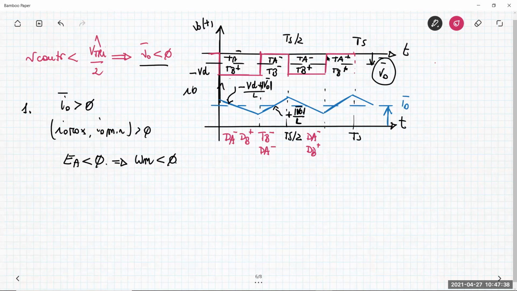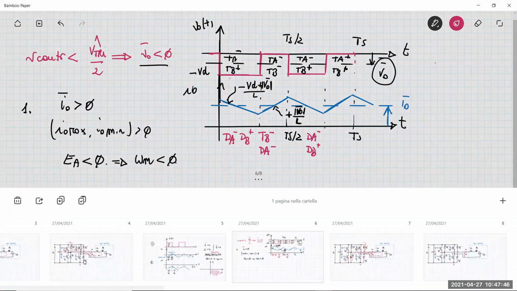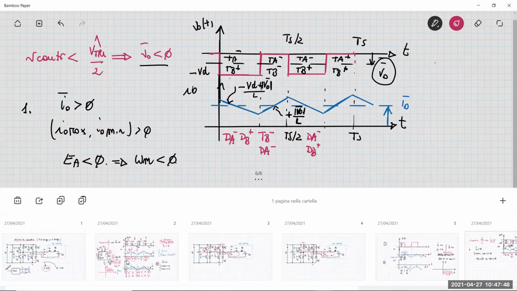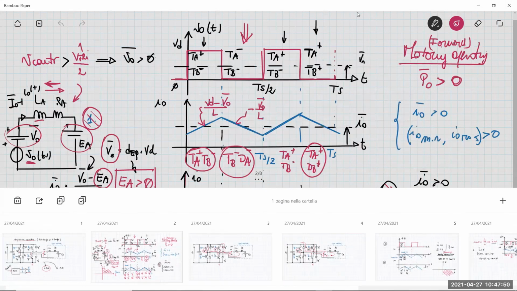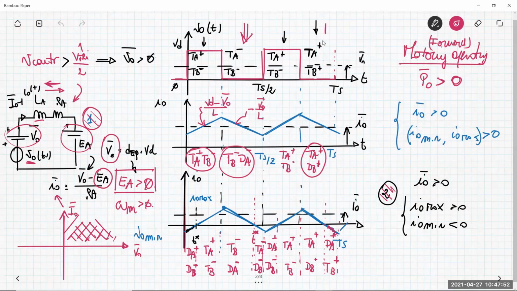We have, let's say, 0 as output voltage, so TA plus and TB plus, and the current is positive. Again, this is a situation that we already know from previous analysis, because it's the situation that you have now here. So TA plus, DB plus.